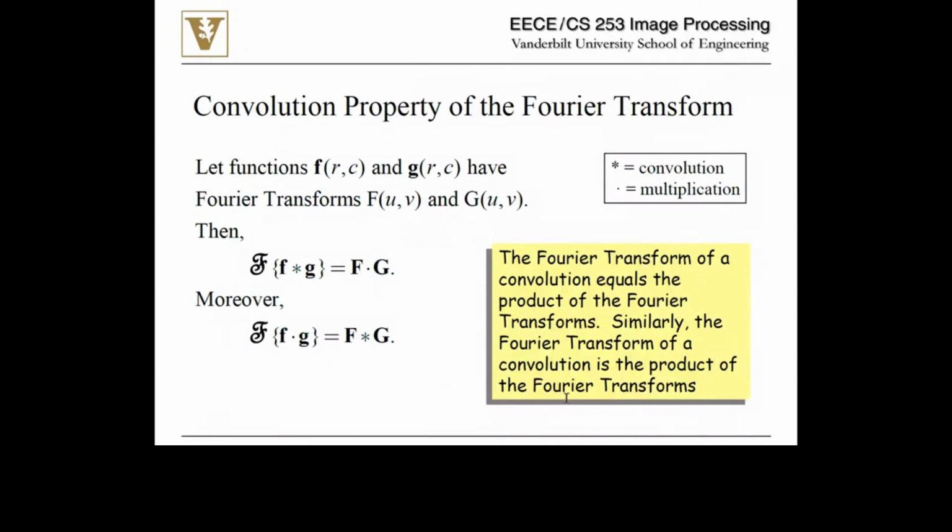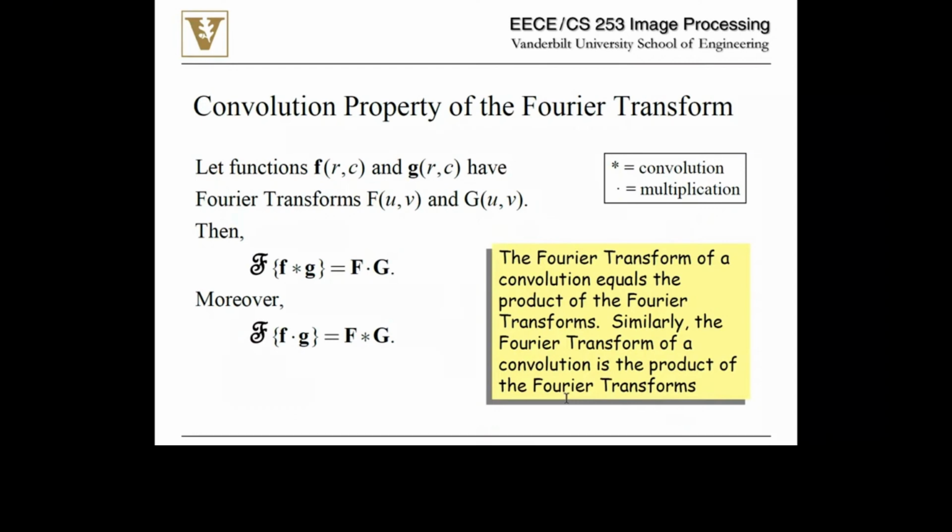This property is the opposite. So this is the dual of the convolution theorem of the Fourier transform. Because of the duality between real space and Fourier space, so look at this one. If you convolve in real space, you multiply in Fourier space. And the dual, if you multiply in real space, you have to convolve in Fourier space.